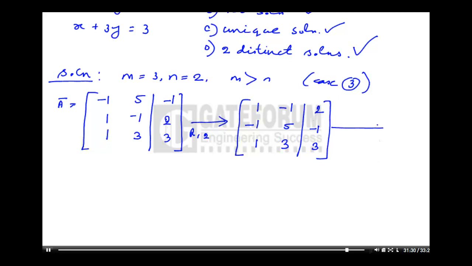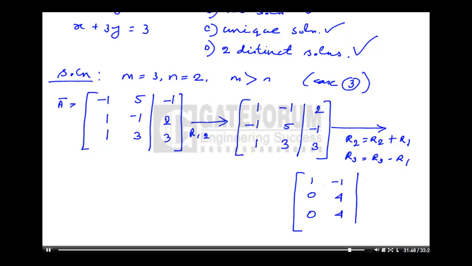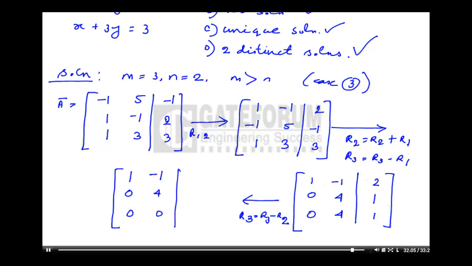Again we are applying elementary row operations, that is R2 equal to R2 plus R1 and R3 equal to R3 minus R1. We get 1, 0, 0, -1, 4, 4 and here 2, 1, 1. Next we are subtracting R3 from R2, and we get 1, 0, 0, -1, 4, 0 and here 2, 1, 0.